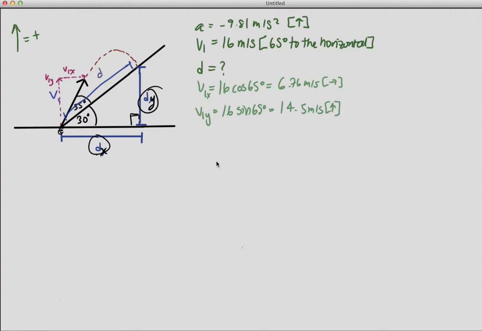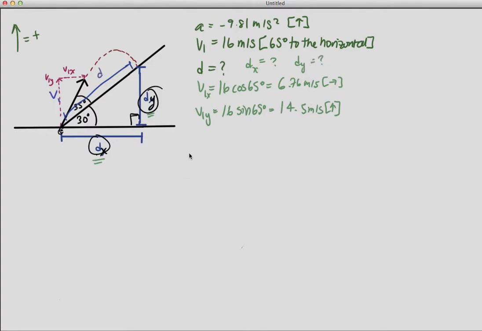So we can start off by writing out equations, because first we're going to be solving for this value and this value over here. So we can also say, what is our dx and what is our dy value.